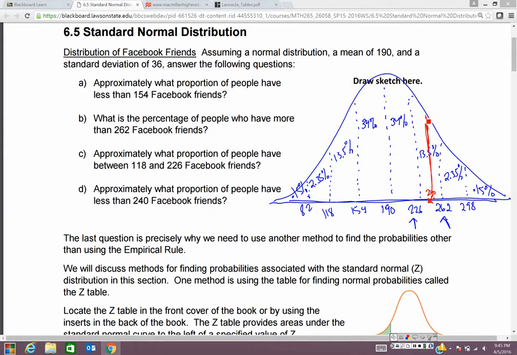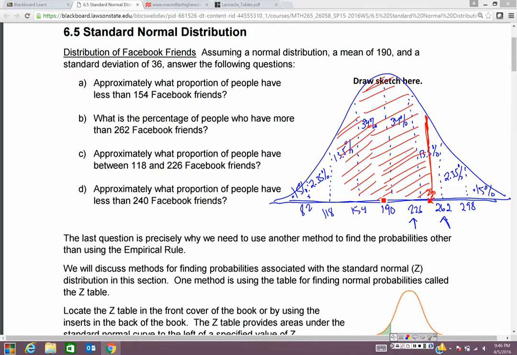So if we know that it's between these two numbers, we can't use the empirical rule to find an approximate percentage for this, but we can kind of guess on what is the range of the percentage. So what I want you to do is pause the video and think about what range this percentage would be. Just guess at the percentage you think would be less than 240. So what proportion of people do you think would have that? Make sure it's a good guess.